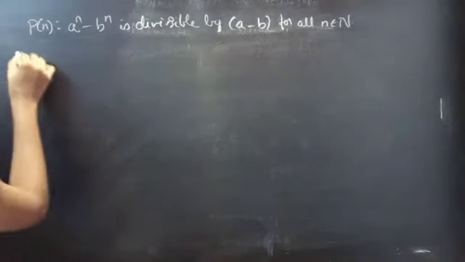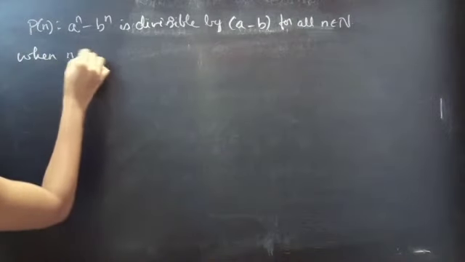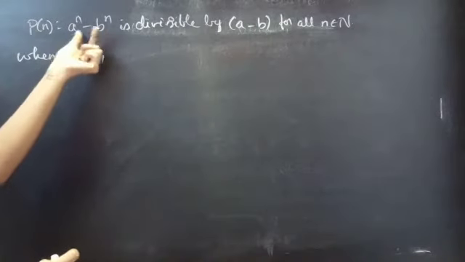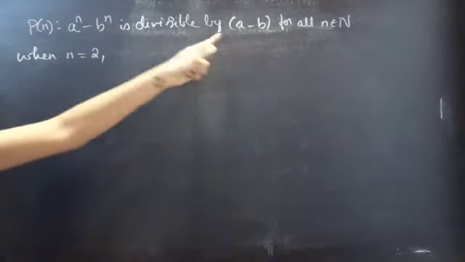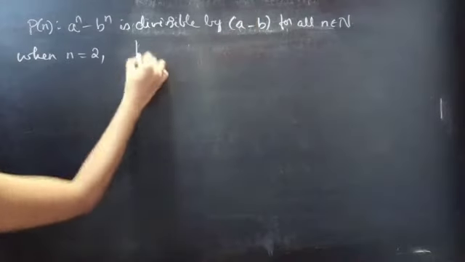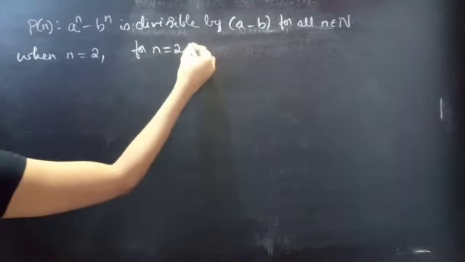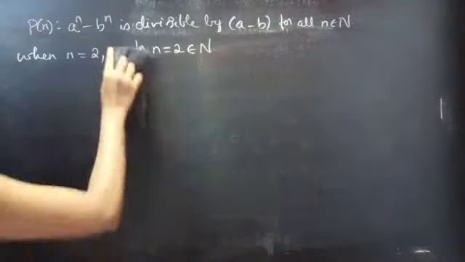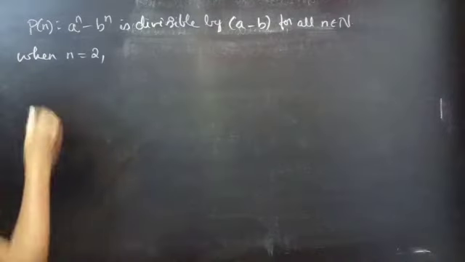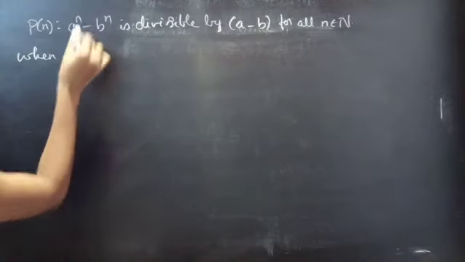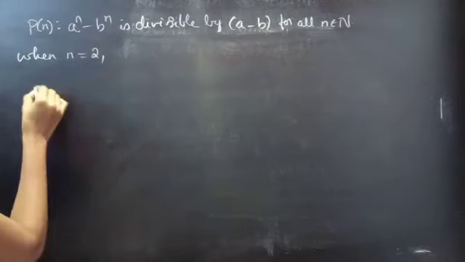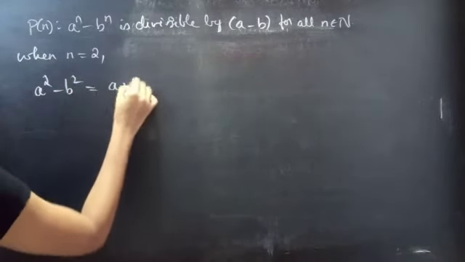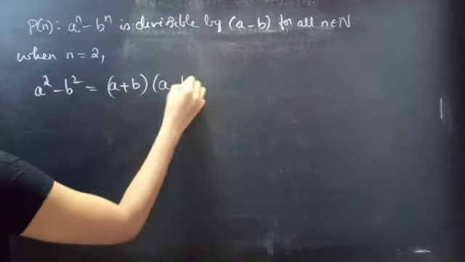Now when n equals 2. Our motto is to show that a^n minus b^n is divisible by a minus b for n equals 2, which belongs to natural numbers. Let's see. Consider, just put n equals 2 in a^n minus b^n. Then you'll get a square minus b square. We know that a square minus b square is a plus b into a minus b.